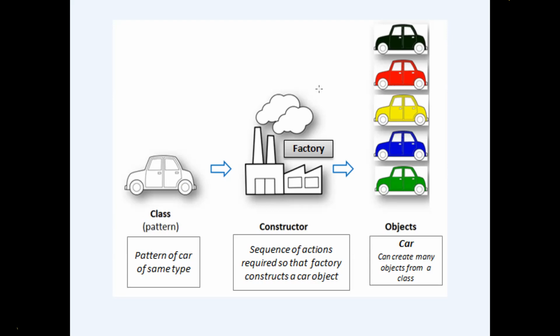There could be the same car model, but when you have a particular instance, you can have different colors, for example. So from a class to getting an object, we have what we call a constructor. The constructor performs a sequence of actions which can construct an object of car using the car class.